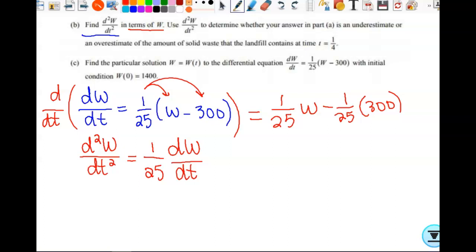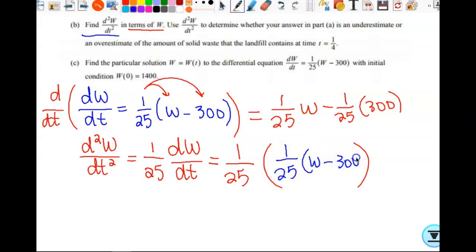So we do have to go further and make a substitution. 1/25, and what is dW/dt? W minus 300. And now we have the second derivative with respect to t in terms of W.